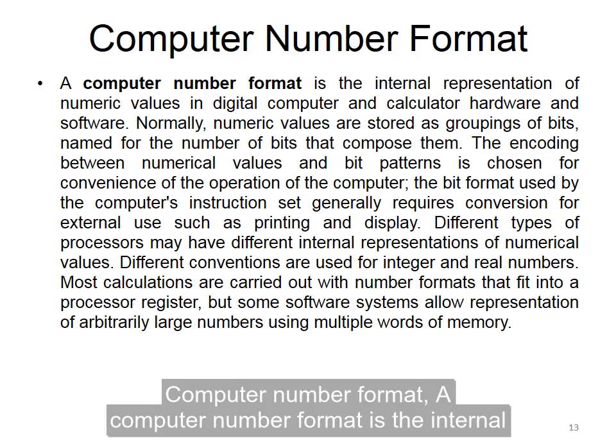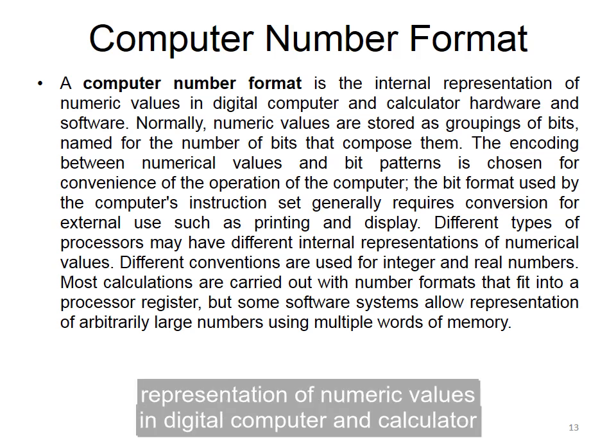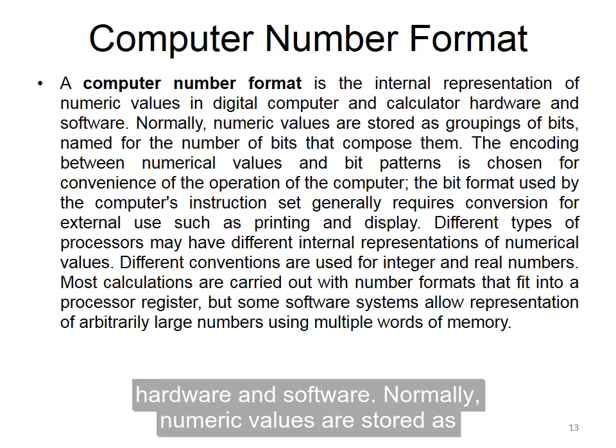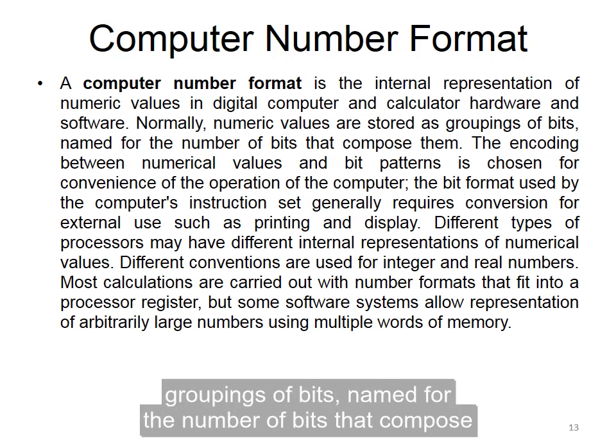Computer number format. A computer number format is the internal representation of numeric values in digital computer and calculator hardware and software. Normally, numeric values are stored as groupings of bits, named for the number of bits that compose them.